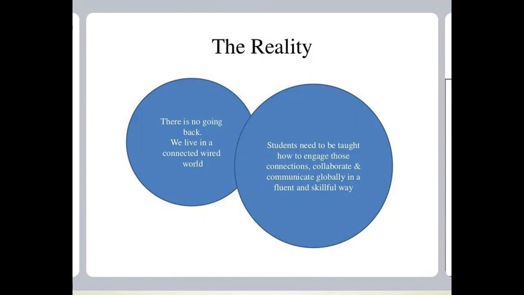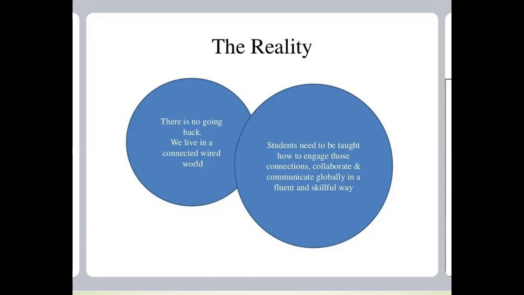All right, as we earlier made mention, the reality that we are facing now is that you and I cannot afford to go back. You and I, wired or wirelessly, live in a connected world. I'm sitting here, you are there, and we are interacting. We are engaging.